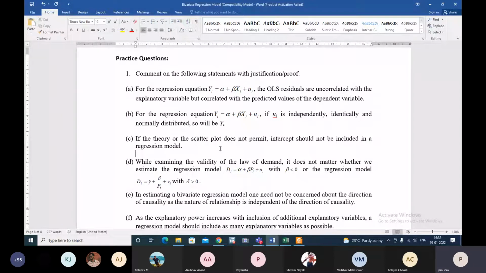If the intercept is not statistically significant during testing of hypothesis, then we'll say that the intercept is not statistically different from 0. We are not saying it is equal to 0. We are saying it is not statistically significantly different from 0.